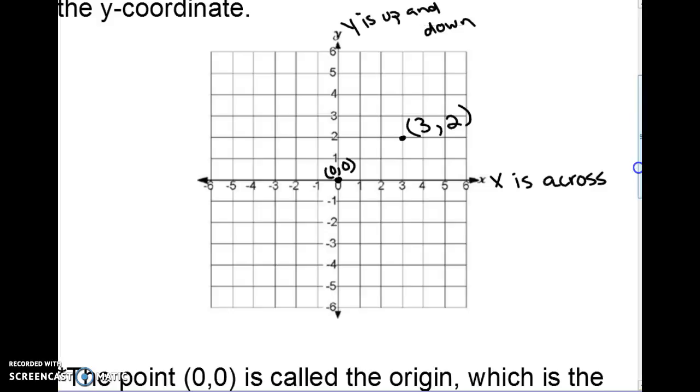When you go to the left on a grid from 0, those are all your negative numbers. Same thing goes for if I fall down. So if I were to say what the point -3, -2 was, I'd go left 3 and I'd go down 2. So my point there would be -3, -2.